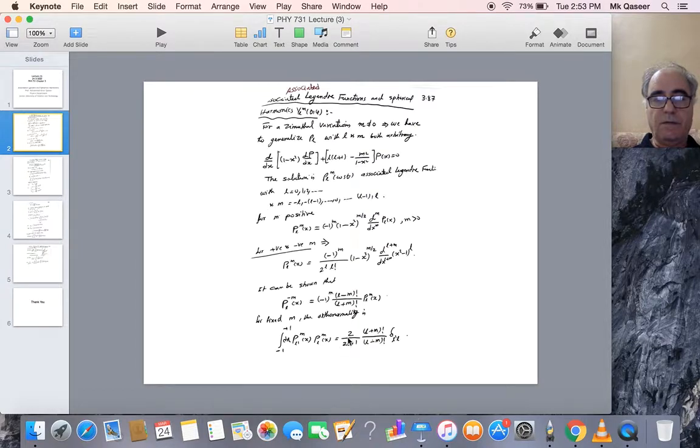This is given by 2 over (2L plus 1) times (L plus m) factorial over (L minus m) factorial times delta L prime L. This expression in the denominator gives the restrictions on m.